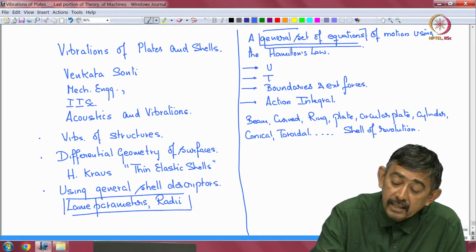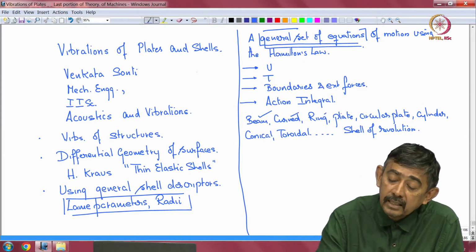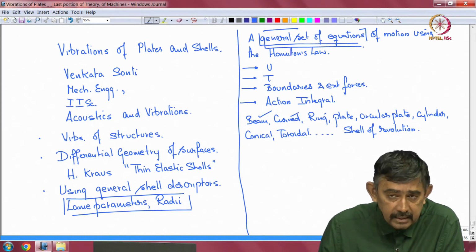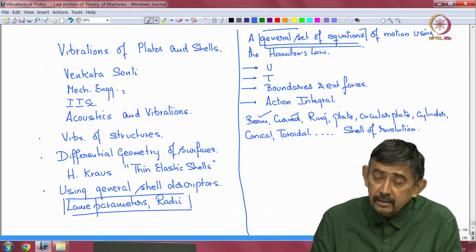You do not have to derive again for a beam, for a curved beam, a ring, again and again. That is the difference largely from other courses.